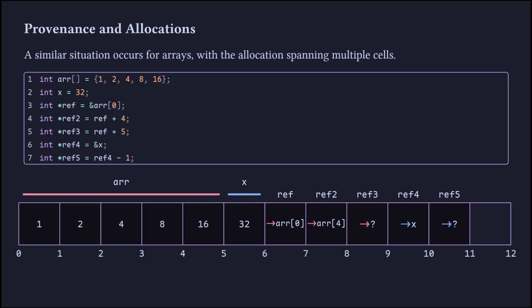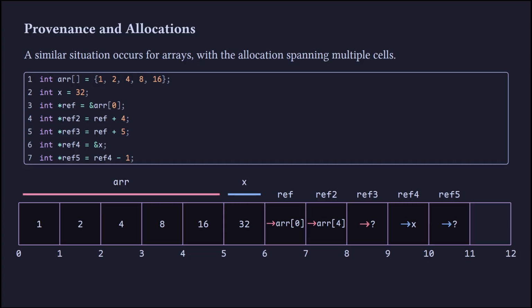If we were to dereference this, we know that we will get 16. With ref3, we're outside of the array, so we don't know what that value could be. We just treat it as undefined. Ref4 is just x, and of course we can't step backwards into arrays allocation because to us that doesn't exist. It's an operation that is fundamentally nonsense.